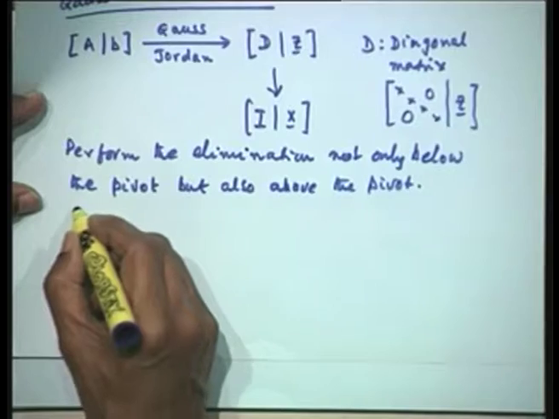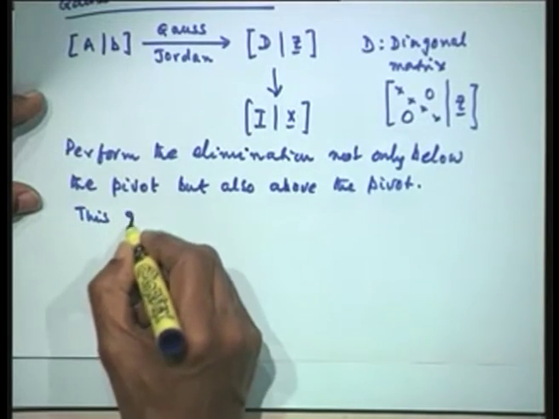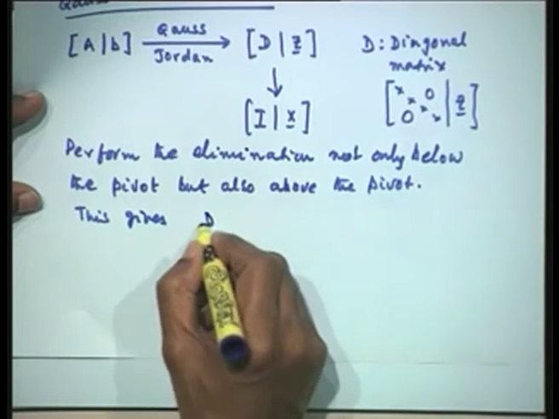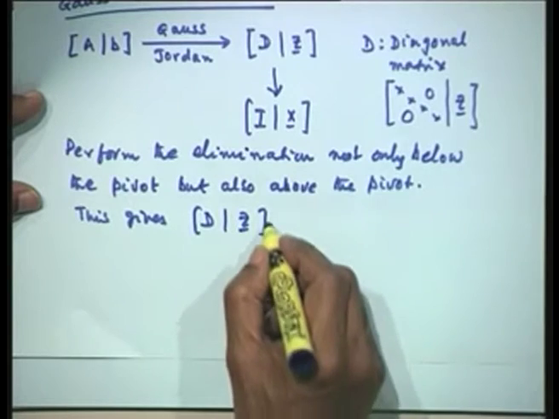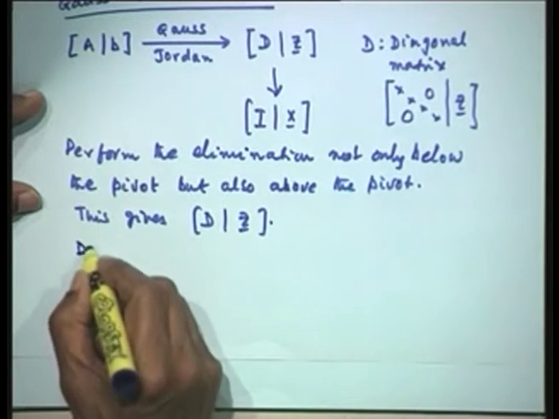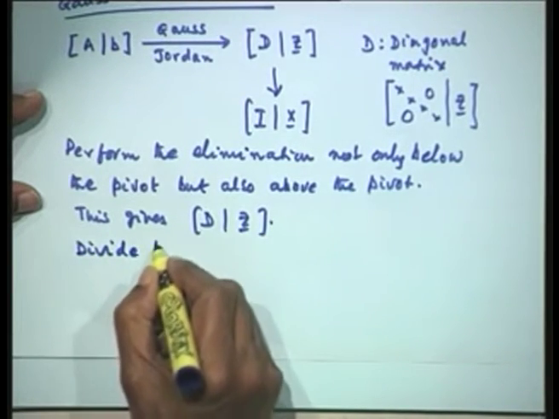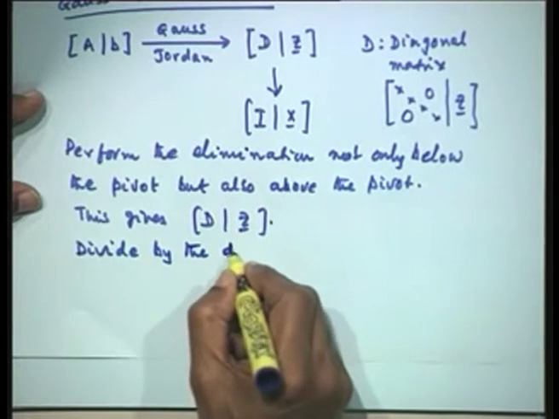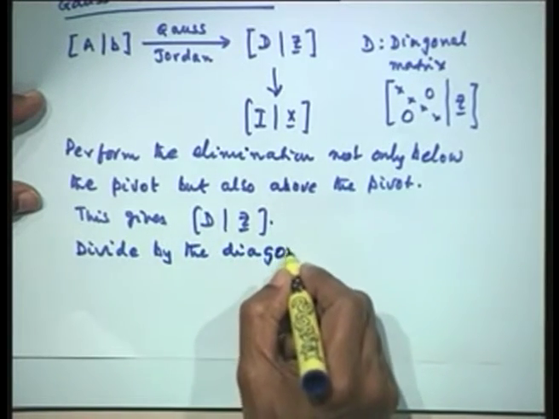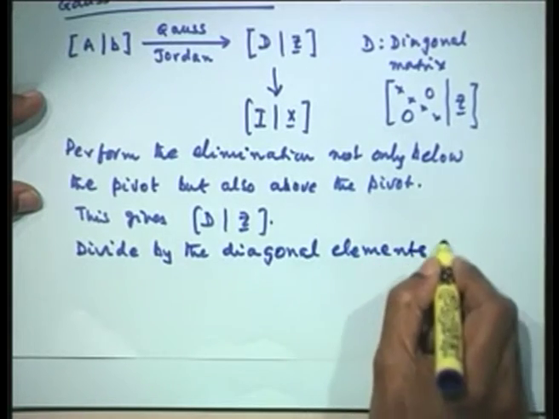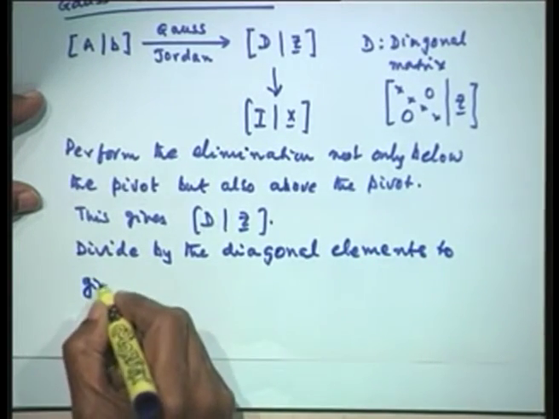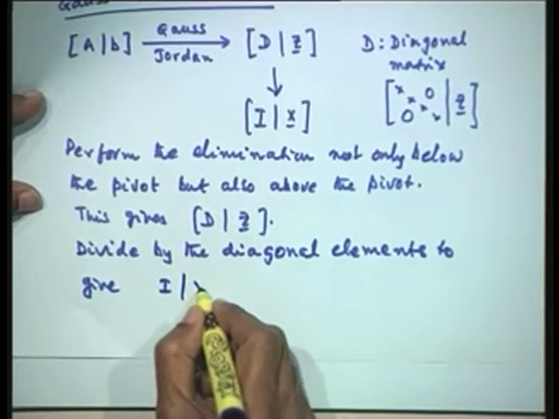This gives us D, this gives D z. Now, divide by the diagonal elements to give I x.